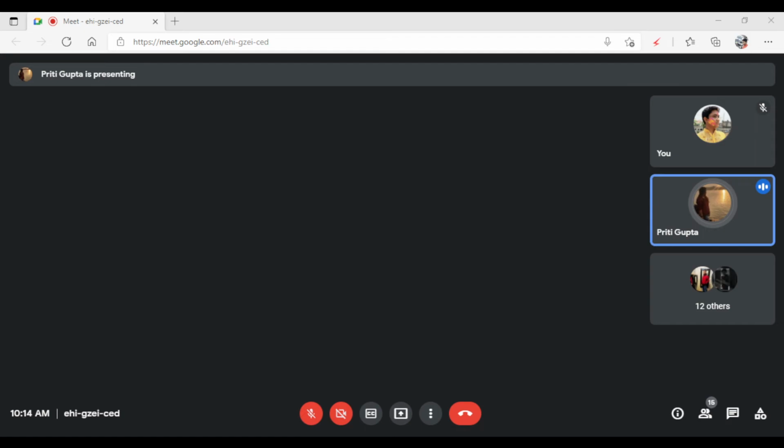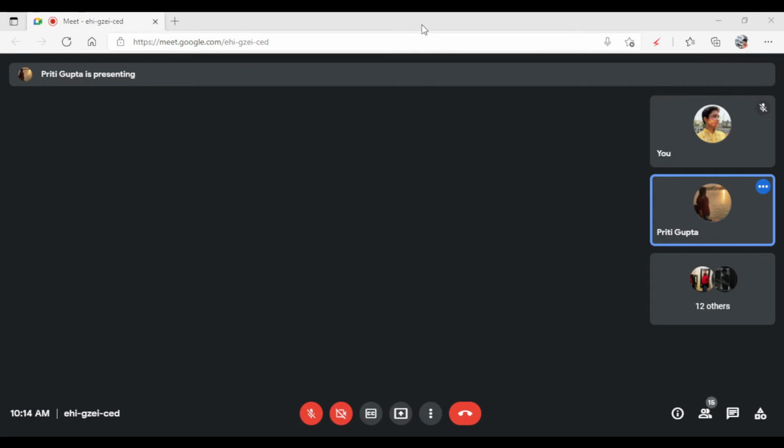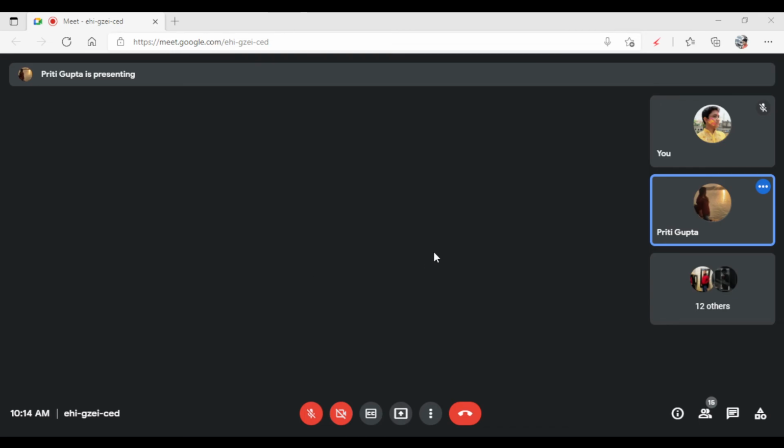Find out IB1, and like that find out IB2 also: IC2 divided by beta, same. And 0.00314 milliampere.